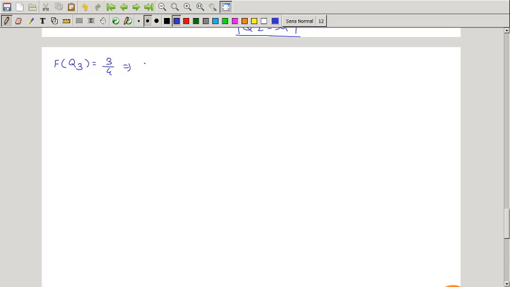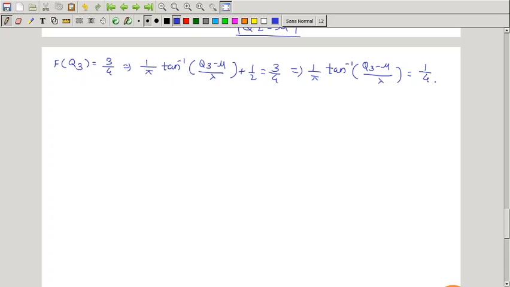That means 1 upon pi tan inverse of q3 minus mu upon lambda plus 1 by 2 is equal to 3 by 4, or we can simply write it as 1 upon pi tan inverse of q3 minus mu upon lambda is equal to 3 by 4 minus 1 by 2, which is 1 by 4.